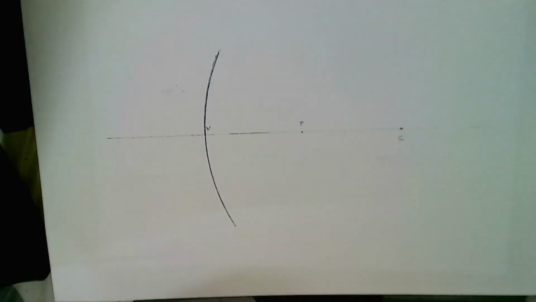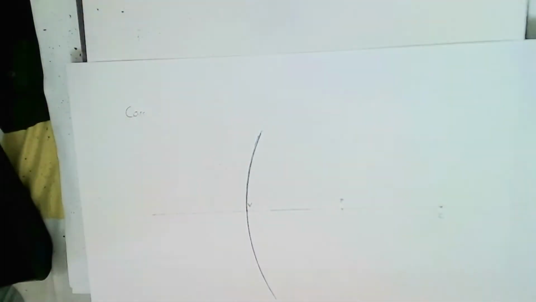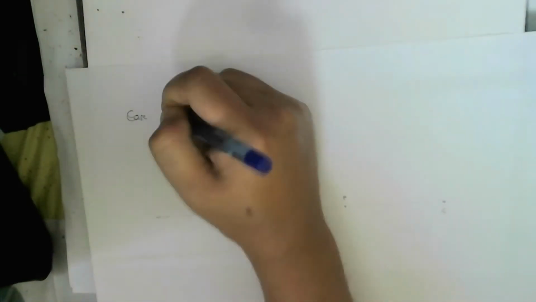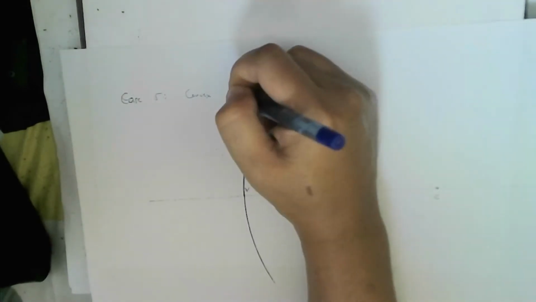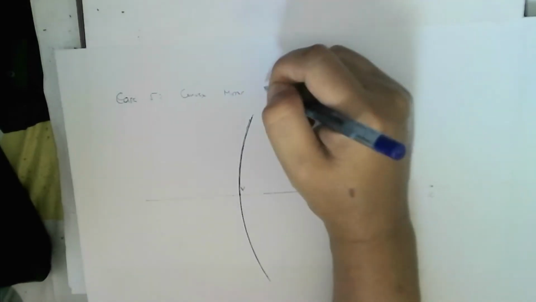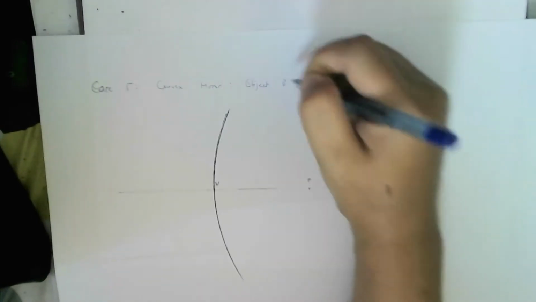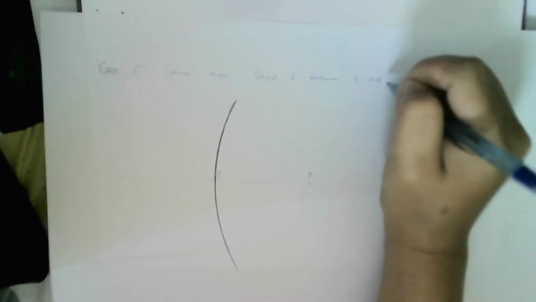So for this one, let me choose case 5. Case 5. This is convex mirror. Object is between F and V.